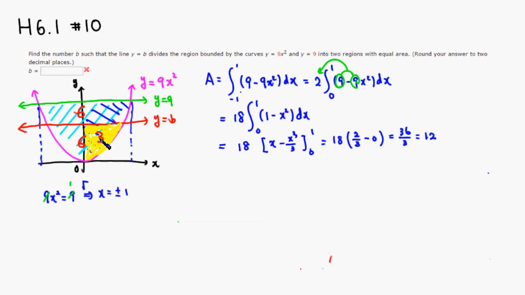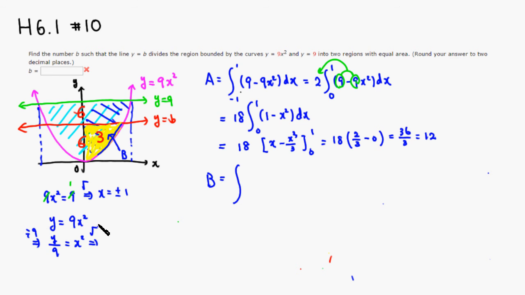So we can set up an integral. I'm going to call this area B. I'm going to do it in terms of y. The equation y equals 9x squared, we can rewrite by dividing by 9, so y over 9 equals x squared.